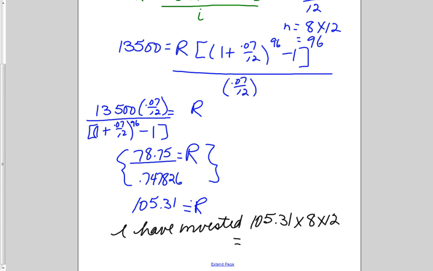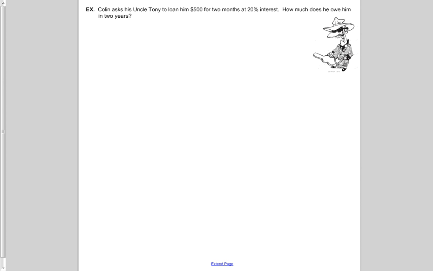So my investment is $10,109.76. So I have 3,400-ish, 3,300 and some odd in interest, but my investment has been $10,109.76.